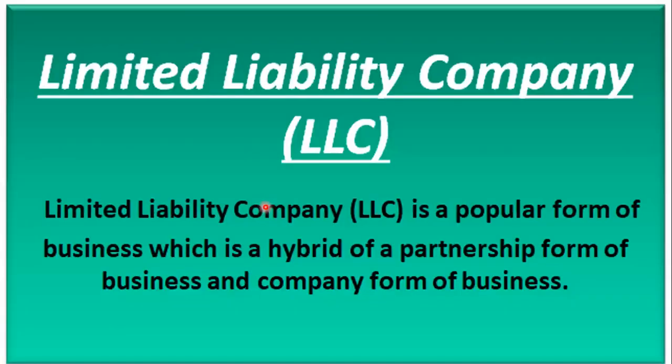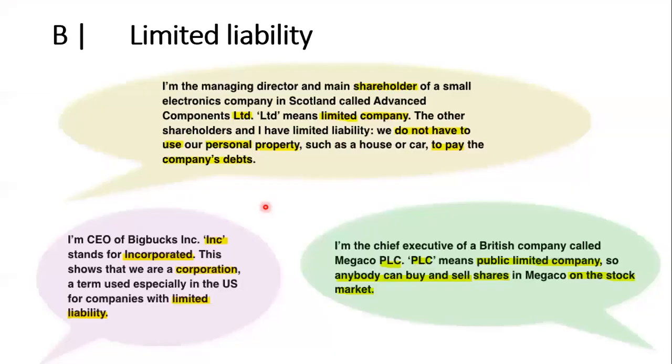So, again, LLC, limited liability company. It's a mix between partnership and company. We have these three ways to talk about companies: LTD, that means limited company; Inc., incorporated; and PLC, public limited company.